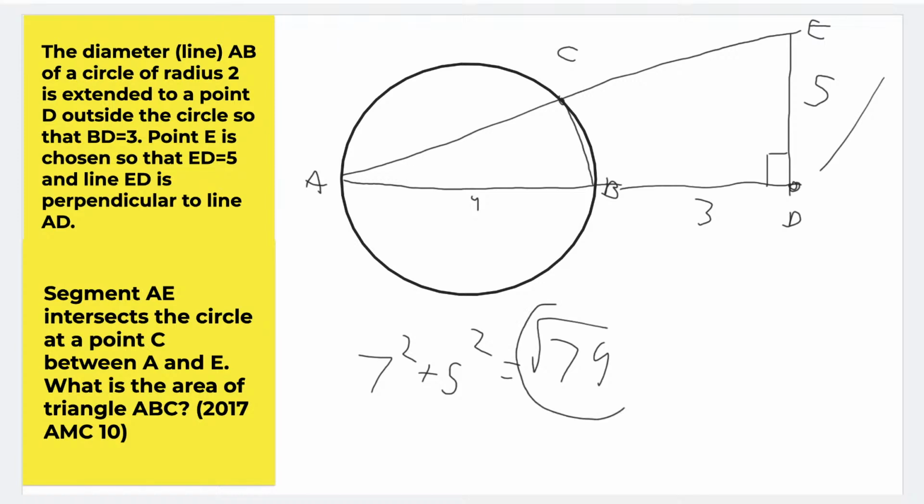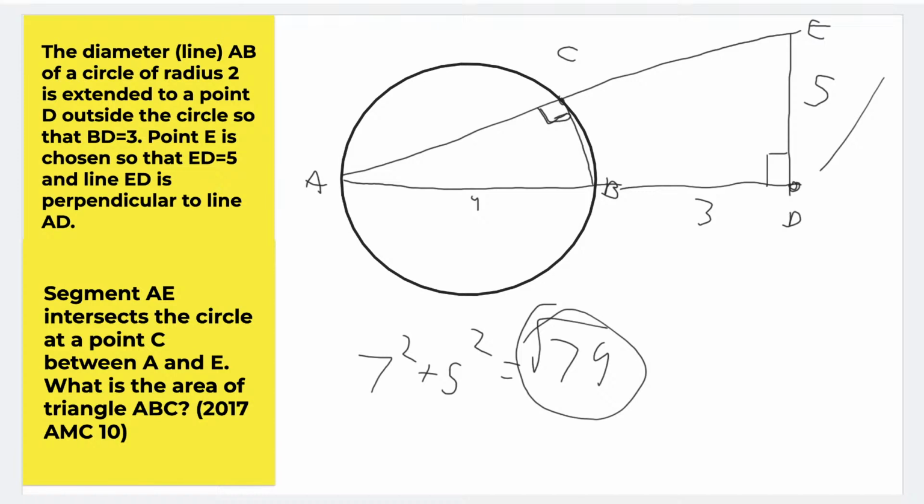With the Pythagorean theorem, AE is equivalent to the square root of 79. And we know that this is a right angle because any triangle that is drawn with the hypotenuse being the diameter of the circle, and the third point anywhere on the circumference, is a right triangle. So since we know that this is a right angle, we're going to use similar triangles.